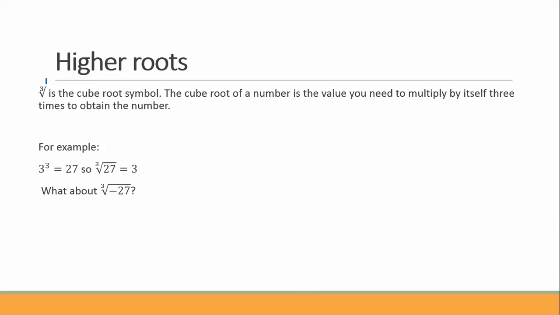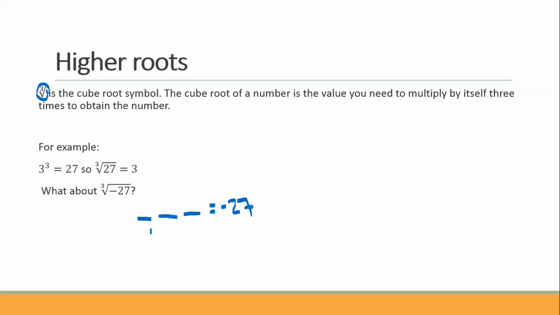The cube root, this one here because it's got the little 3 there, is the value you need to multiply by itself 3 times to obtain the number. So 3 cubed is equal to 27, so the cube root of 27 is equal to 3. What about the cube root of -27? Is there a number we can multiply 3 times and get -27?